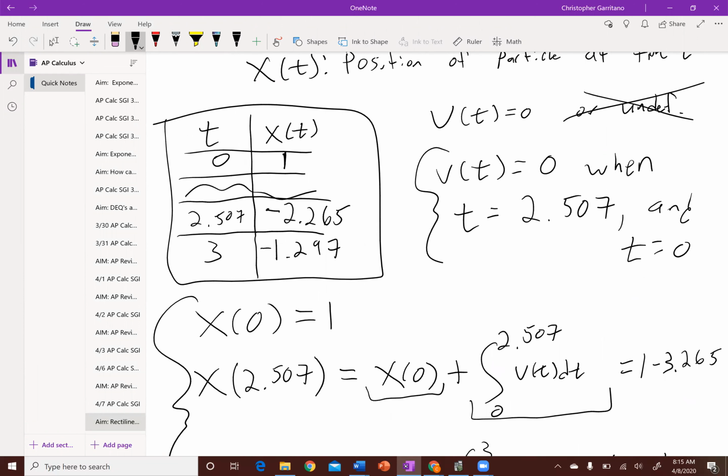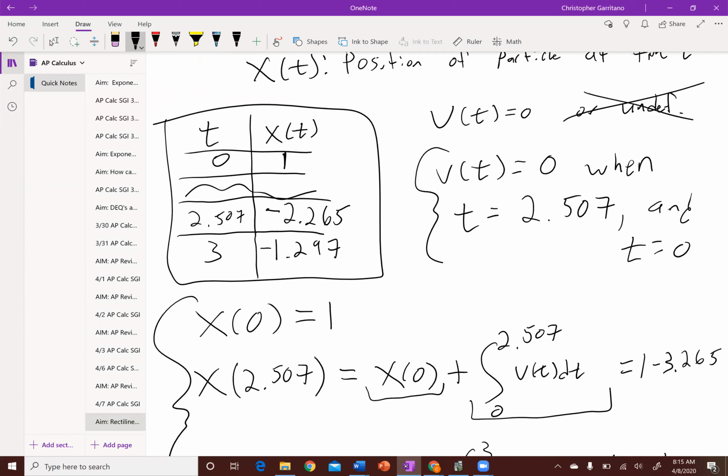This is the work that the problem is referring to. Now, you can try to do it in a little bit more of a condensed format, but the AP will definitely be looking for all 3 of these points, and it will be looking for the position function evaluated at all 3 of these points.